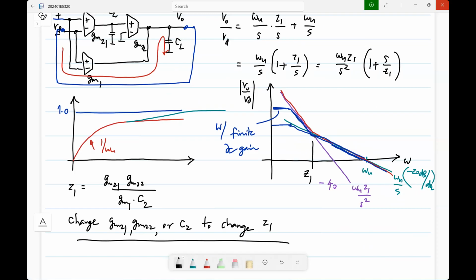Yeah, that may be the case. So you can change only the capacitor. That is one possibility. Okay. The other thing is, what do you think the input referred noise of this circuit will be at low frequencies? Which component will it be influenced by?